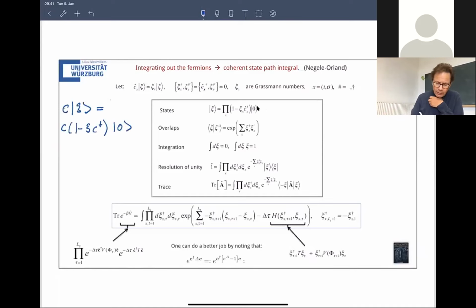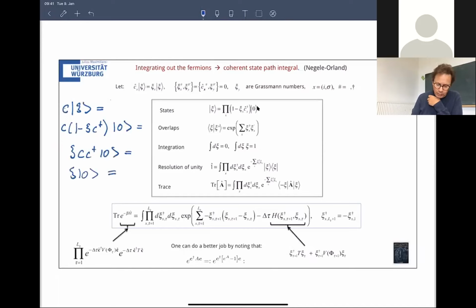Now, if I just pass this through, C on 0 is 0. The C anti-commutes with the psi, so I will get a plus psi and then C C dagger on 0. C C dagger on 0 is basically 1, so I will get something like psi on 0.